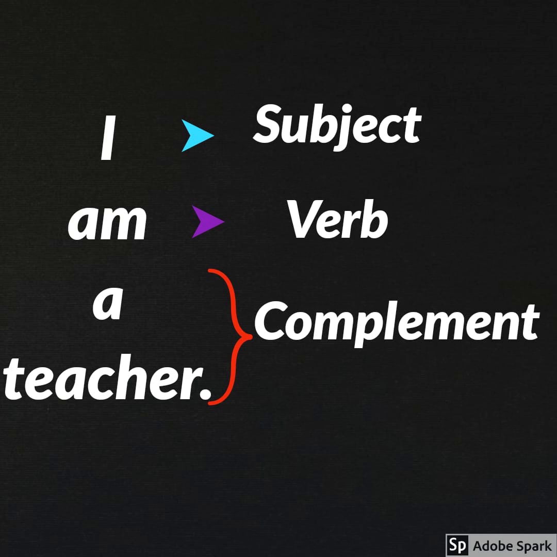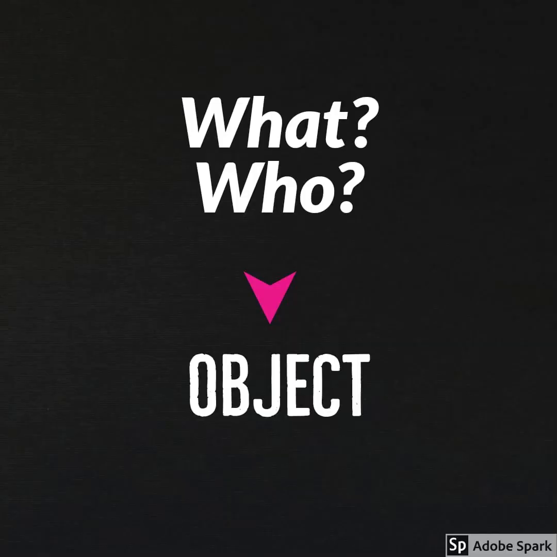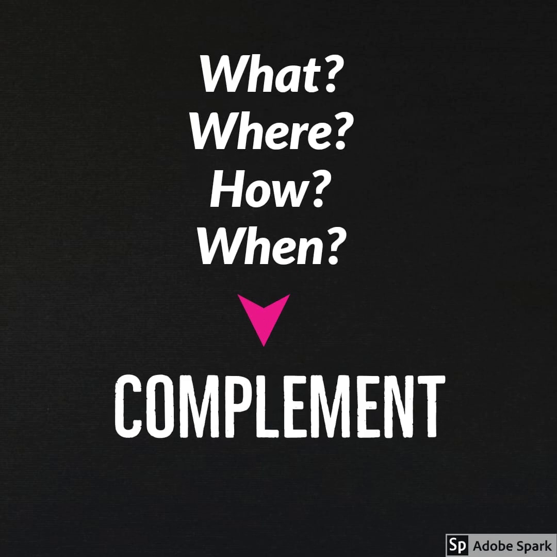So here the word teacher becomes the complement. So in short, you can say an object will answer the question what or who, and a complement will answer the question what, where, how, when, etc.